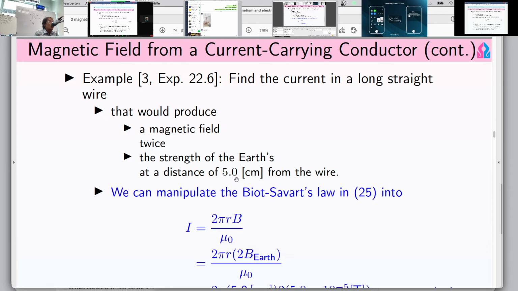Because in this example they didn't provide that value, we are going to use the typical amount of Earth's magnetic field, which is 50 microtesla.